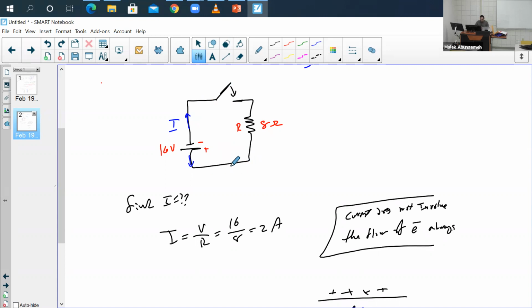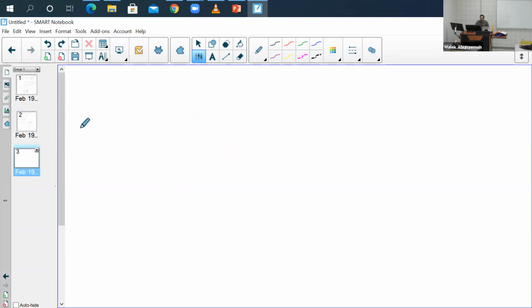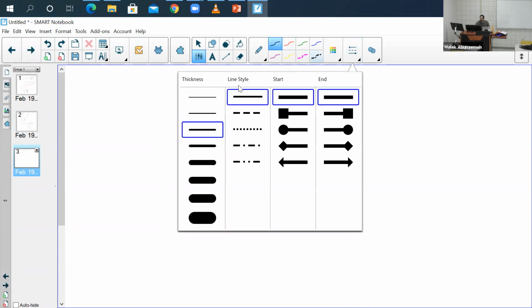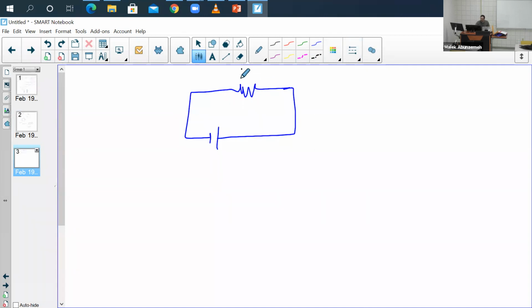Now, we talked about the resistor. So let's say you have a circuit: a resistor, and your voltage going in. That's your resistor, that's your positive, negative, that's your voltage. And you get a current going this way.